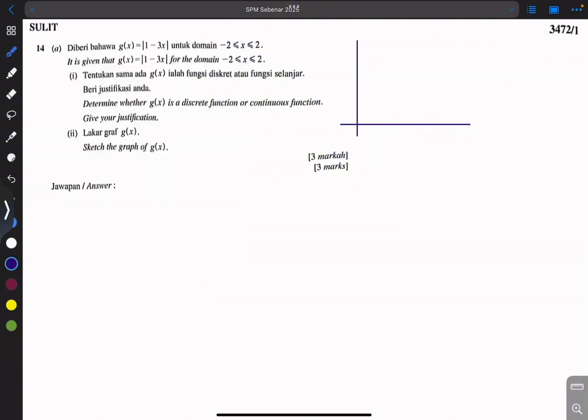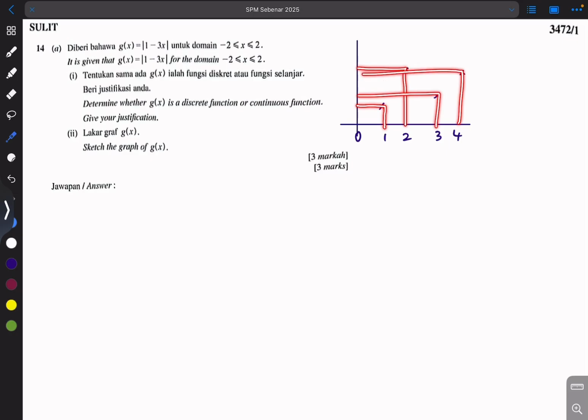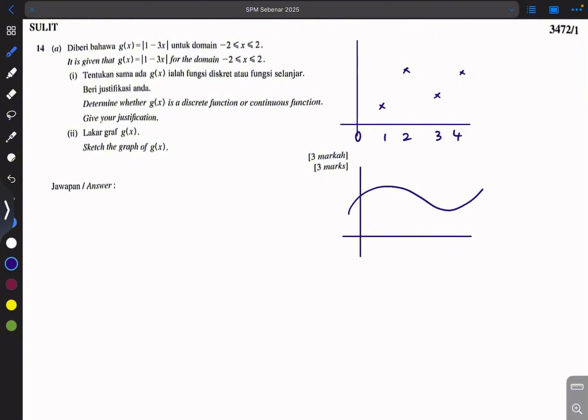So let's say our x is like this. This is a discrete function. So you have individual values of x and y. But if it's continuous, then it will be a graph, a continuous line, like this. So this will be a continuous function.